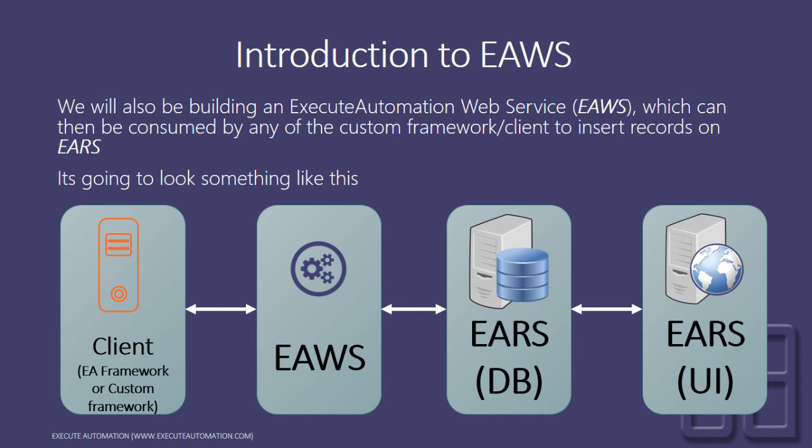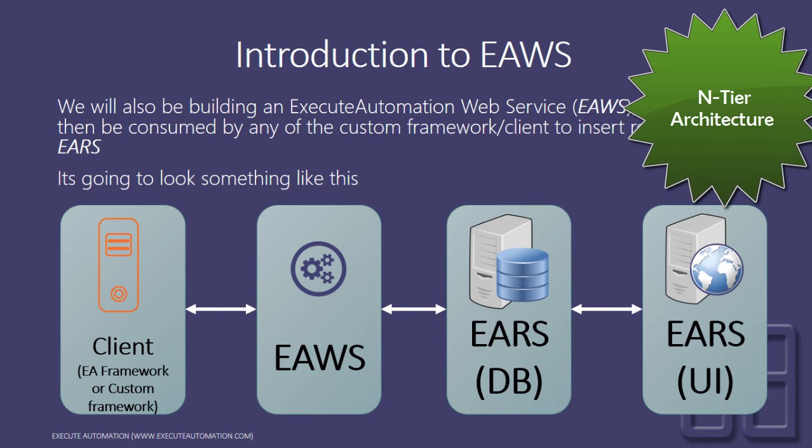The client can be an Execute Automation framework or the custom framework that you wrote, and it can consume the EAWS, and the web service will in turn insert the record into AIRSDB. Once the data is inserted into the DB, you can then view the result in Execute Automation Reporting System UI. So this entire architecture is also part of the discussion in this course.